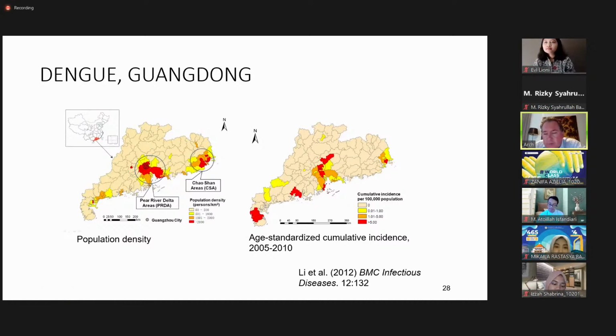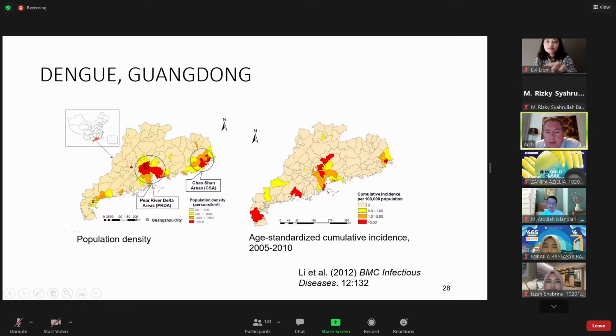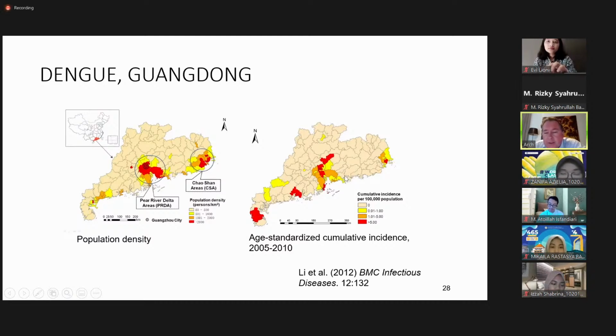This tells you what the disease risk is after accounting for the distribution of the population and standardising for age. And you can see that there are indeed some spatial clusters of disease risk in the area around Guangzhou, Shantou, and other parts of Guangdong province. So this is just using simple visualization to identify disease clusters.